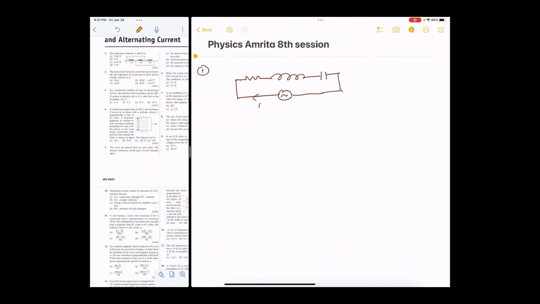So current I flows. Same I flows in all 3 devices, right? This is resistance R, this is L, this is C. So you see the current I is the phasor. R will be this way. The current in the inductor lags the voltage VL this way, and VC is this way. Because of that, the resultant Z will get this way.